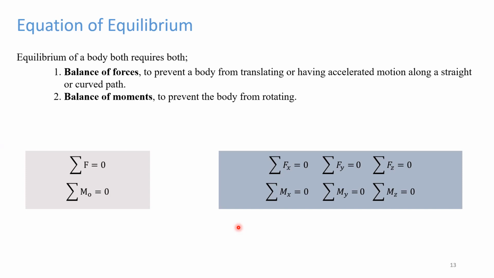Acceleration means we have some increment of the velocity, which is not zero, more than zero or less than zero. Both can happen. This kind of scenario we call accelerated motion, either along a straight or curved path.